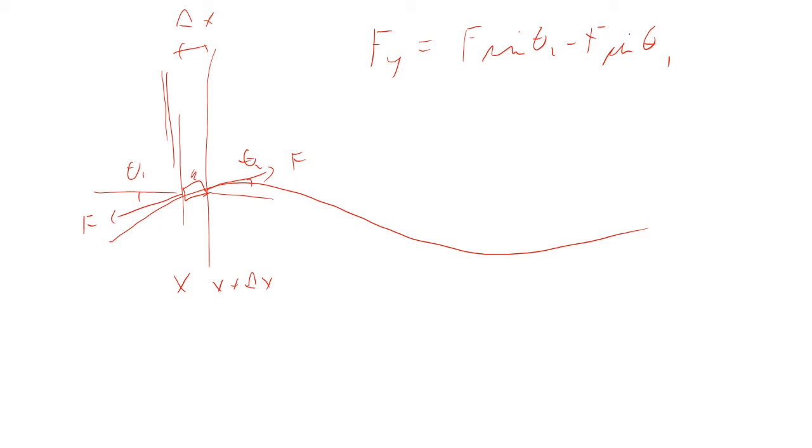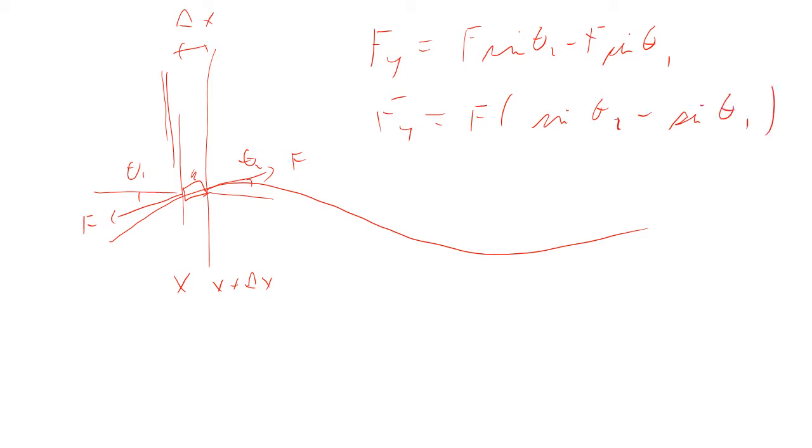Now, we're going to assume that mg is negligible, that the tensions are so big that these forces drown out anything else. So the total Fy is F times sine theta 2 minus sine theta 1.